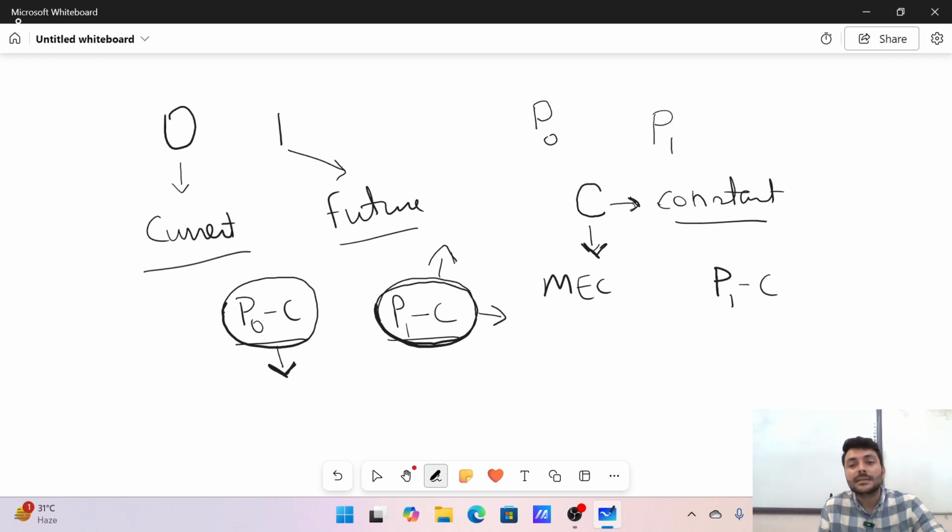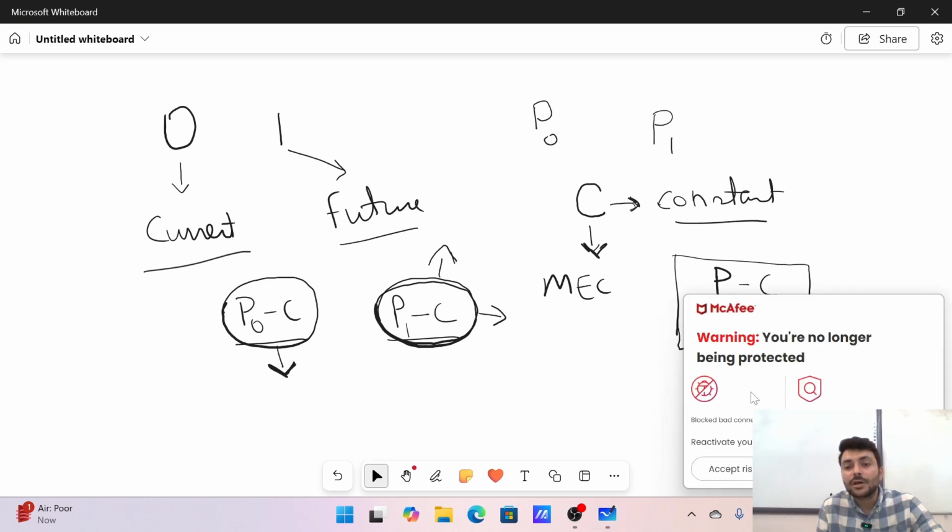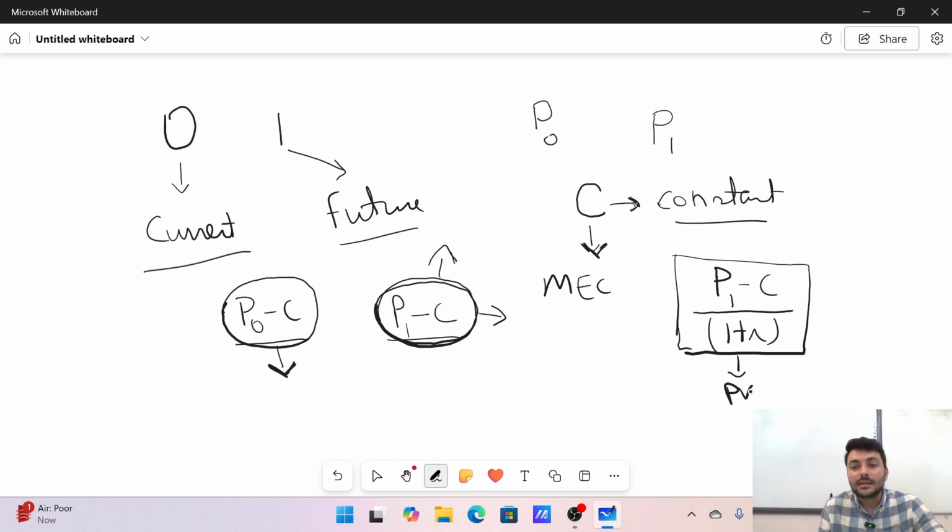So P1 minus C, if we divide this by 1 plus R, where R is the discount rate, gives us the present value of the future return.